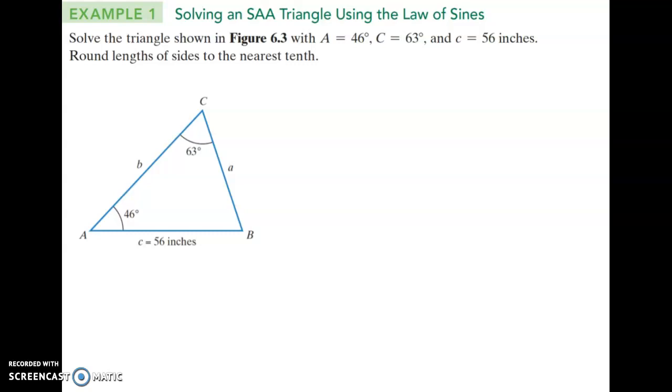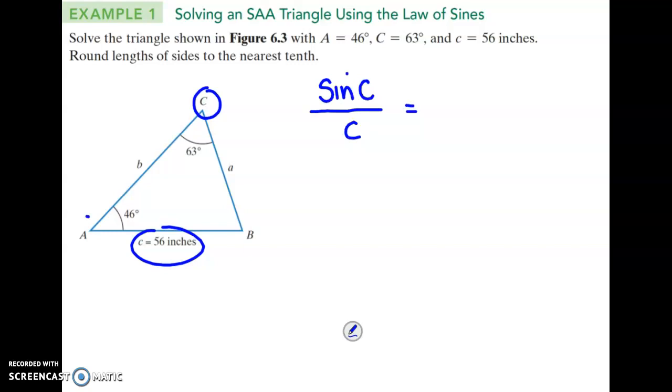Right now we have big C and little c, so we're going to say the sine of C over c. And then we have big A, and we don't have little a, so we're going to find little a first, the side length. Our other proportion is sine of A over a.